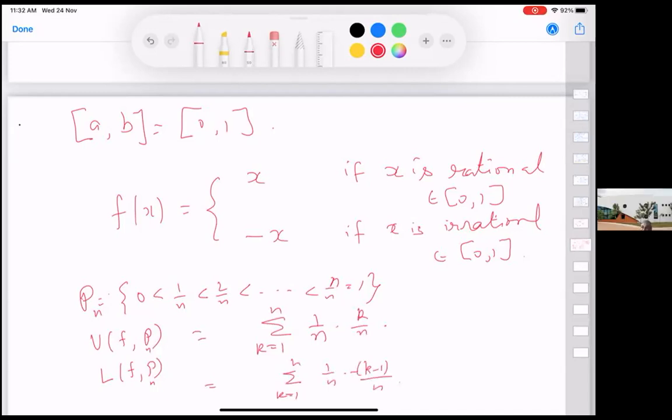If it were k minus 1 by n, it would become integrable. The upper and lower bounds would match. But this is minus because that is how I have defined it. Sir, shouldn't it be minus k by n? Yeah, you're right. There is no minus one. And now you can compute and get that the upper bounds and lower bounds are never going to agree.